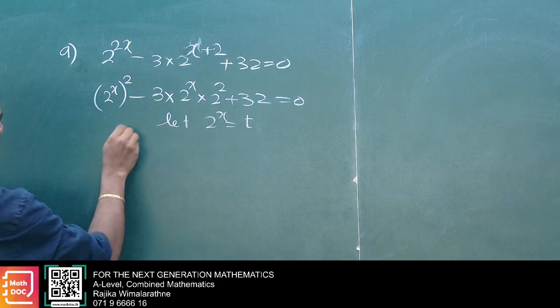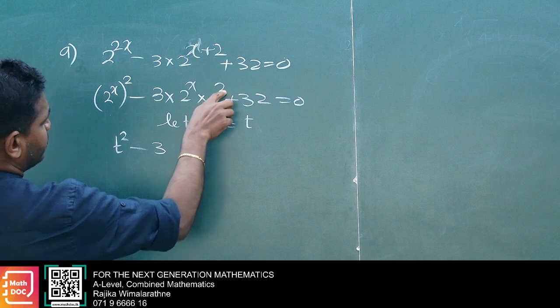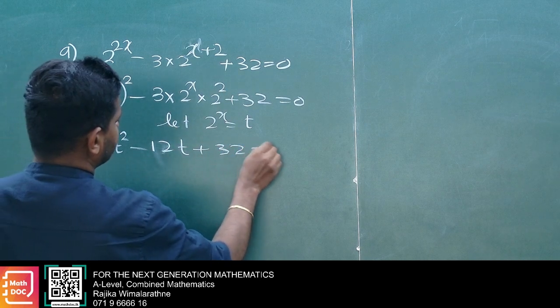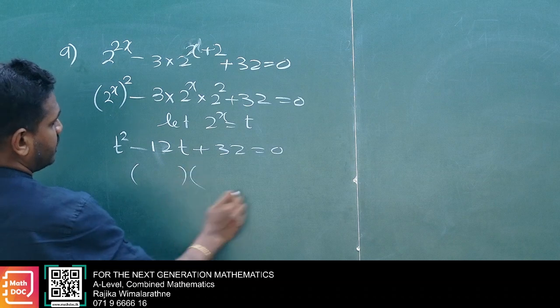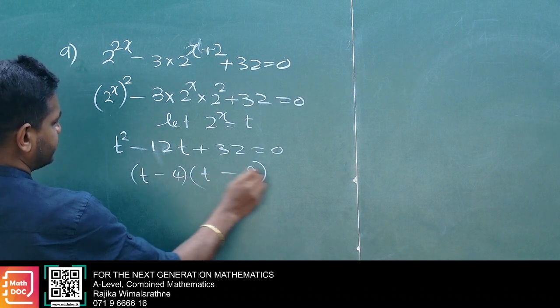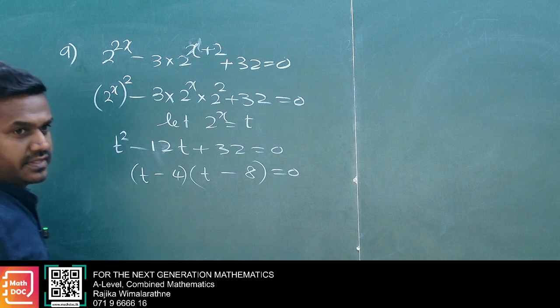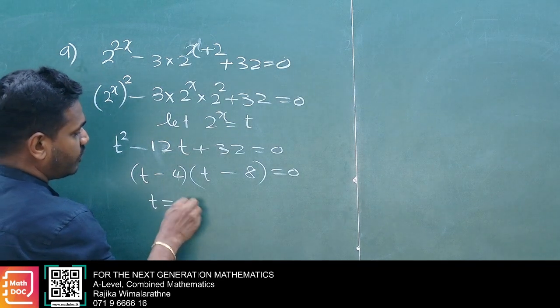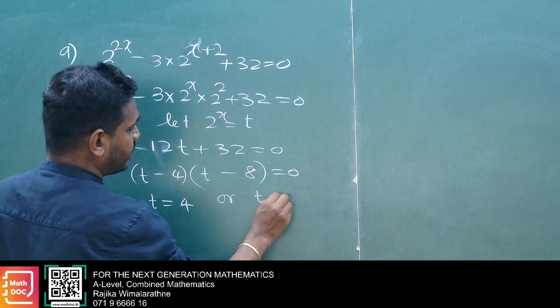Then here t square minus 12t plus 32 equals 0. Now you factorize: t minus 8, t minus 4 equals 0. Okay. Then t equals 4 or t equals 8.